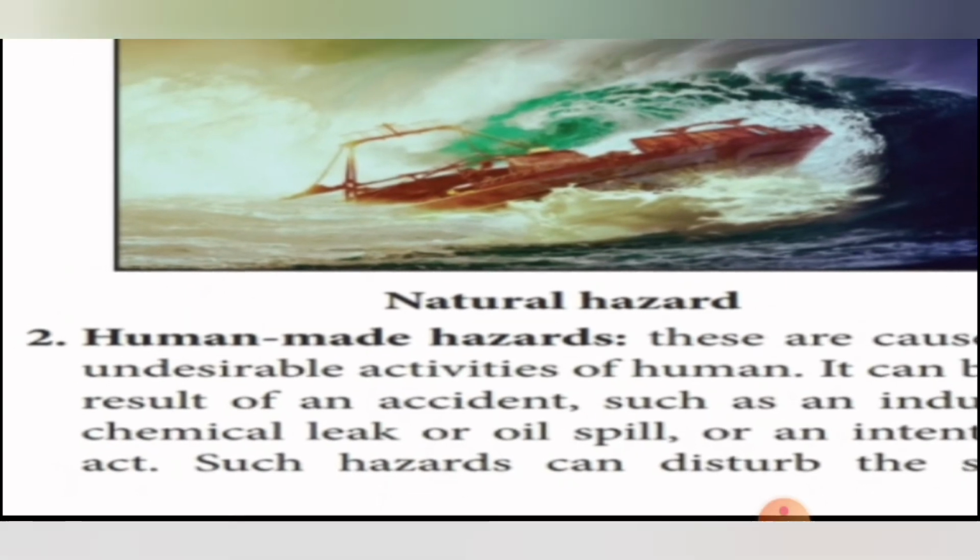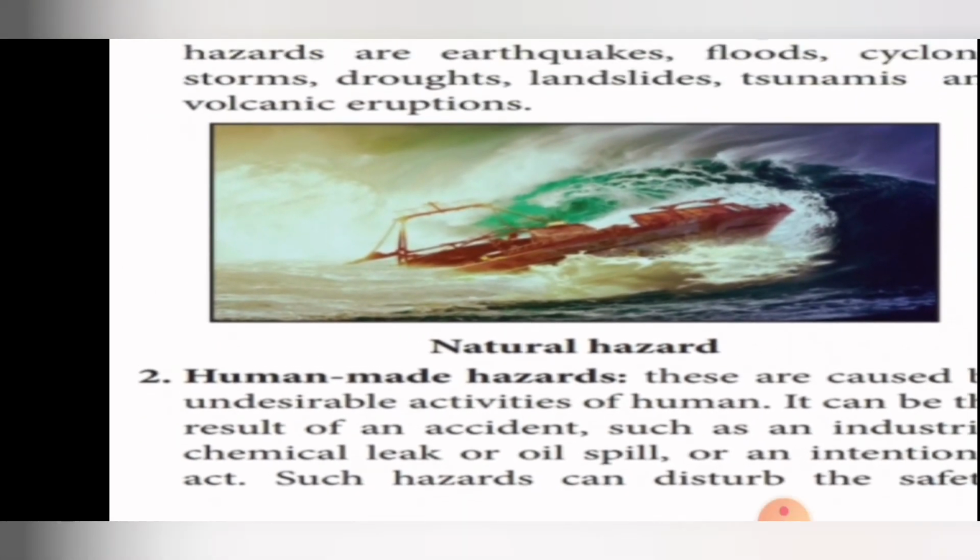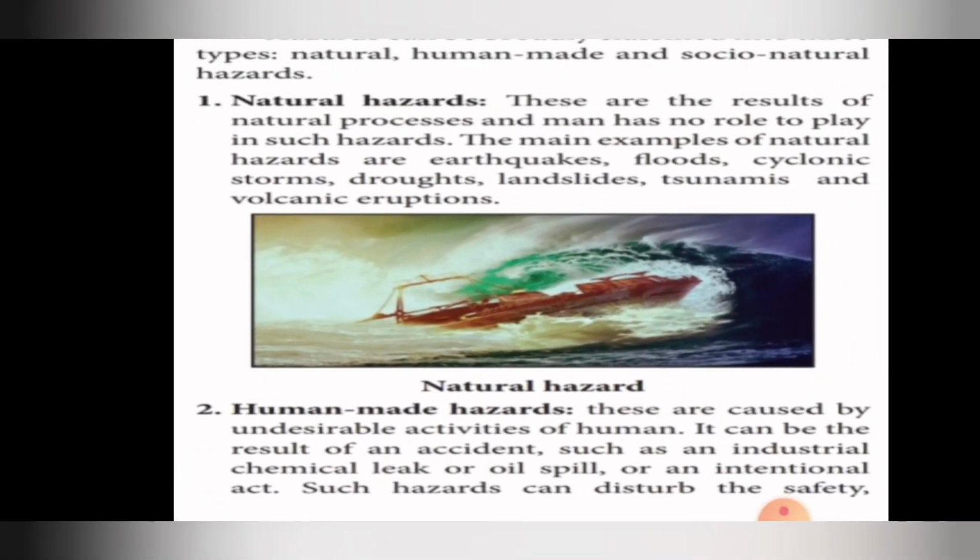Okay, second one, human made hazards. These are caused by undesirable activities of human. So human made hazards are caused completely by human. It can be the result of an accident such as an industrial chemical leak or oil spill or an intentional act.